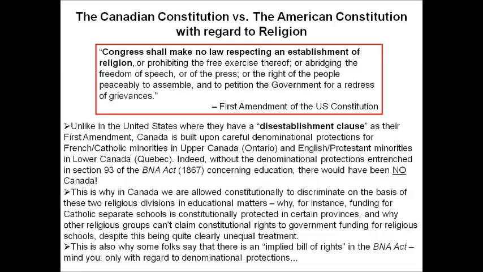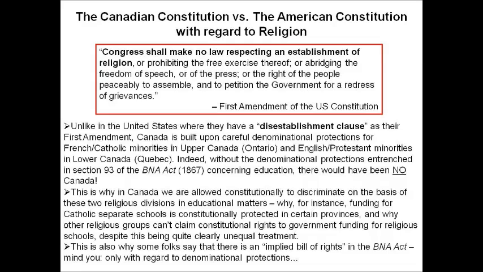Public education has to be bereft of or wholly separate from religion. The state cannot support or identify with any particular religion at all, right? That is part of the American founding.